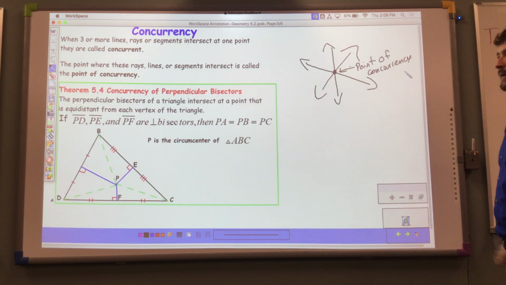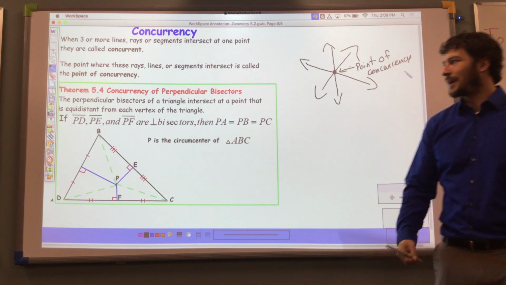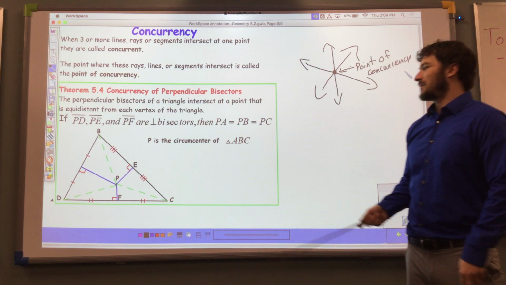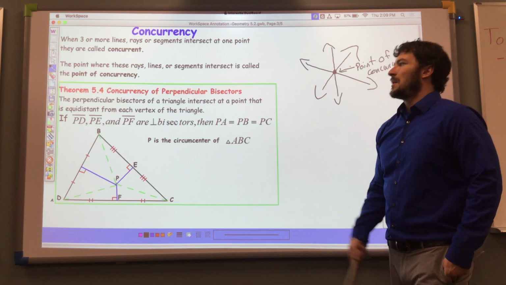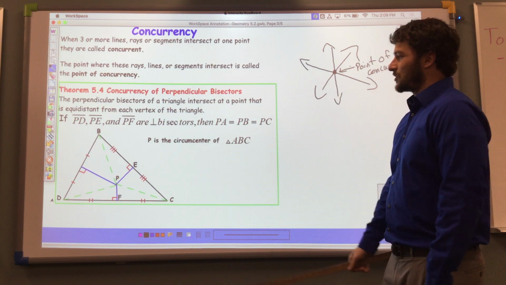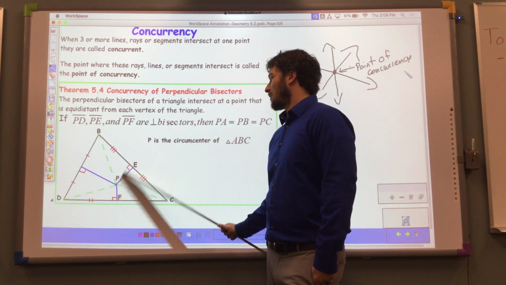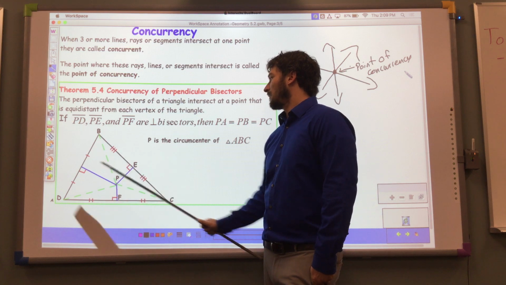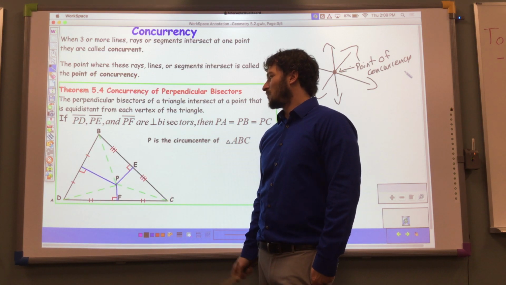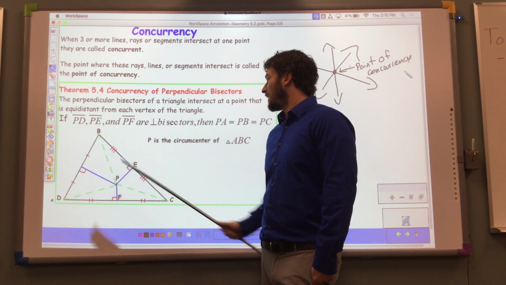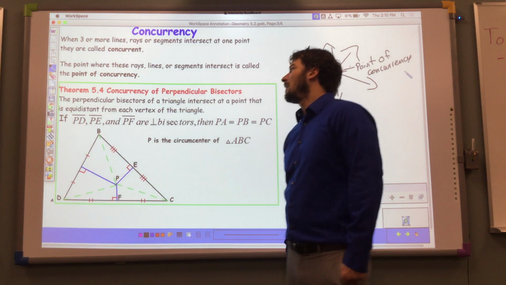So how that works with our theorem, concurrency of perpendicular bisectors. As you see, we have a triangle. It says the perpendicular bisectors of a triangle, so our perpendicular bisectors are in blue. They're perpendicular to each side, and they also bisect each one, dash, dash, 3 and 3, 2 and 2.